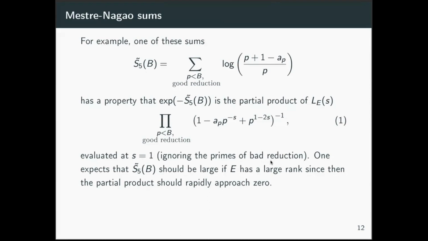And you can expect that this product should be large if the curve has large rank. So this is the idea: to try to learn something about the rank by looking at these partial products, or this sum of logarithms. Obviously, the bigger the B, the better the approximation we will have.